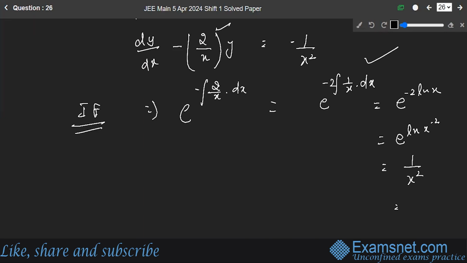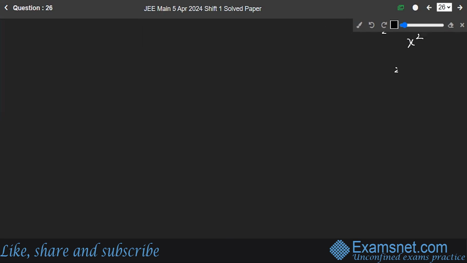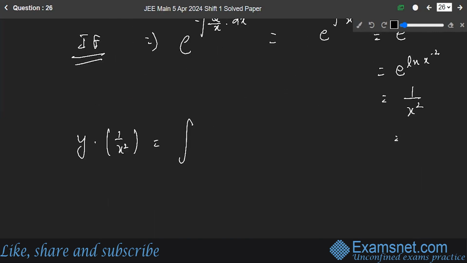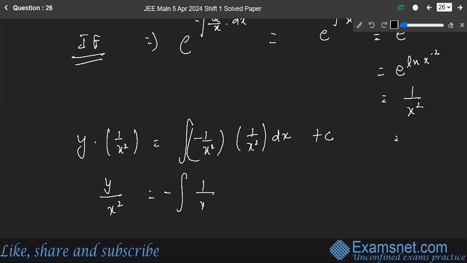And all right, what next? Now here, I got the integrating factor. So y into integrating factor is equal to integral of, what was here? It was minus 1 upon x squared into your integrating factor, plus c. So you have y upon x squared is equal to integral of minus, I'm taking it outside, this dx plus c.